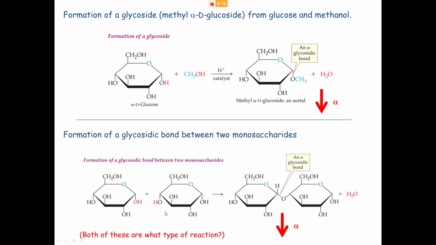Same thing at the bottom. If I want to transfer this sugar onto another sugar, there must have been a group that left as a leaving group, right? Not just water. Okay. I know these are hard to see in the moment because I'm not showing you the enzymes and the activated molecules, like the uracils and the UDPs that would be leaving here, but we'll talk about it later when we get to metabolism. Okay.